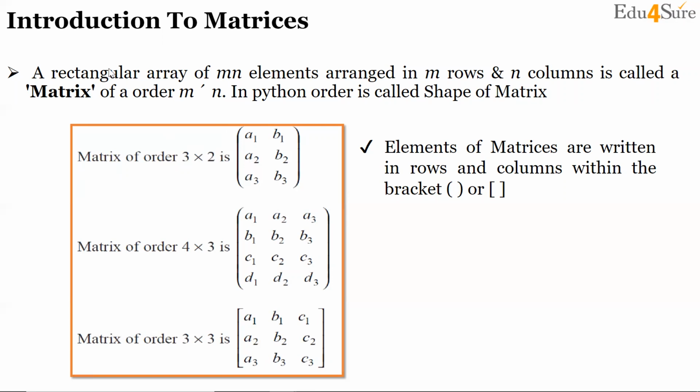So here, a matrix means it's a rectangular array of mn elements, m into n elements, arranged in m cross n fashion.